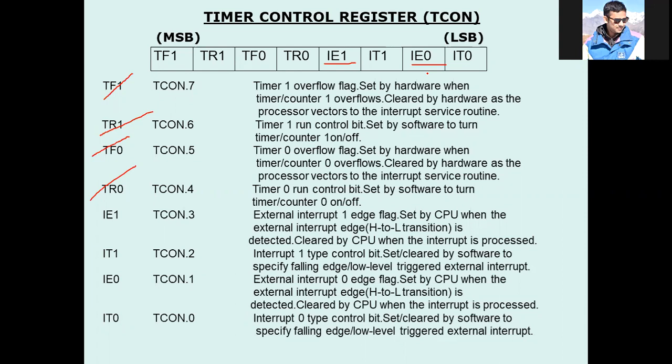Whenever an external interrupt comes in the form of a square wave and falls from high to low, then this particular IE1 is set. And it is cleared when the interrupt is processed by the programmer.